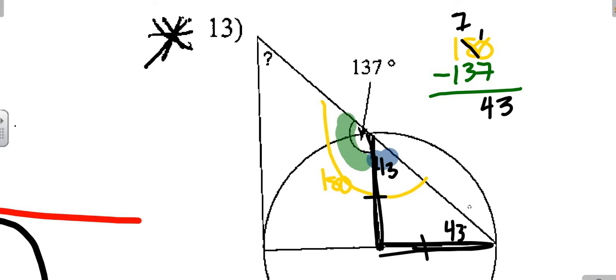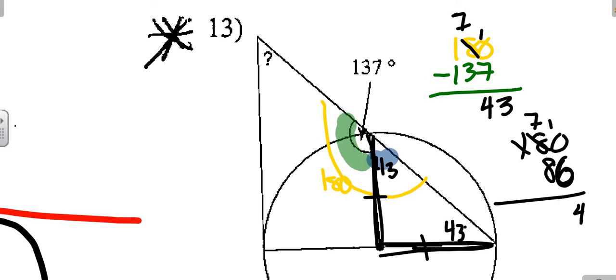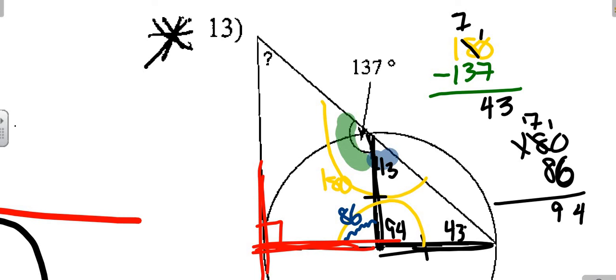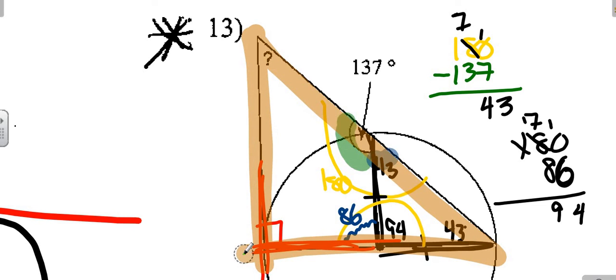That means this is 43 as well. 180 minus 86 is 94. I just keep working it. That makes this 86. If tangent to a radius, right angle at the edge, watch out for the giant right triangle there, and you have everything you need to find that.